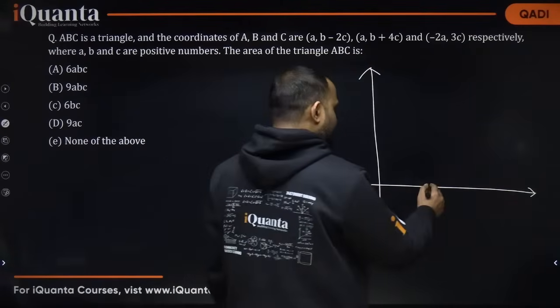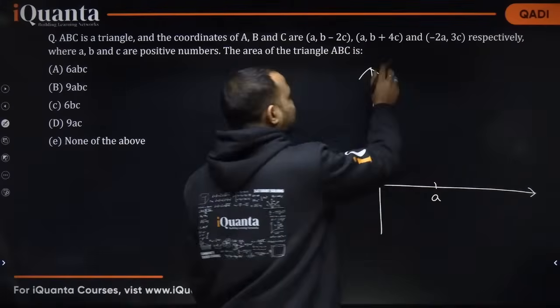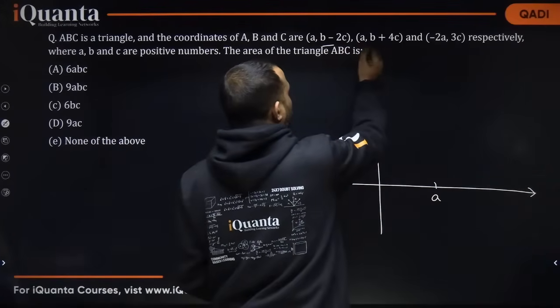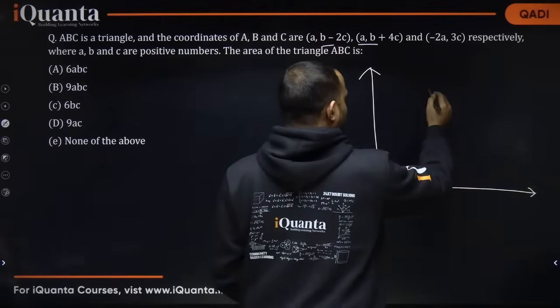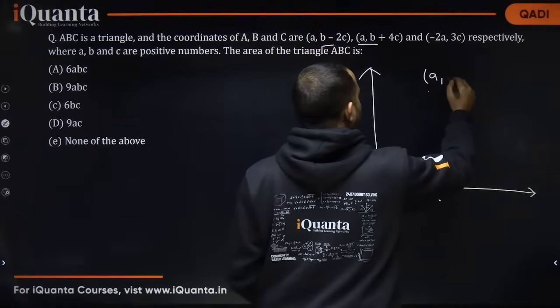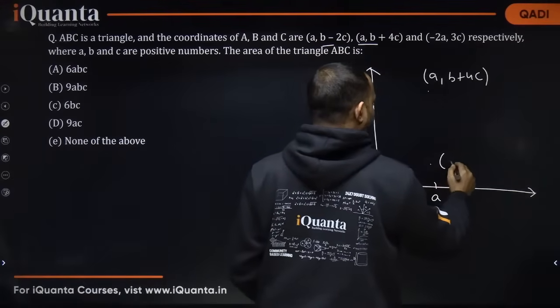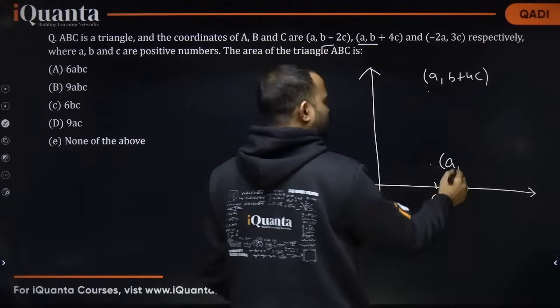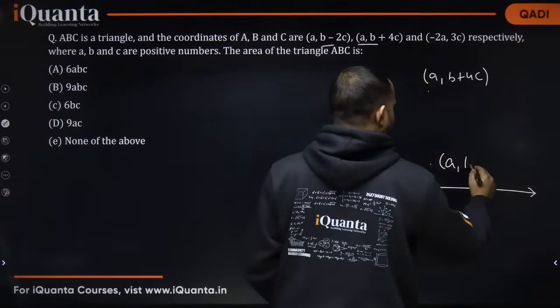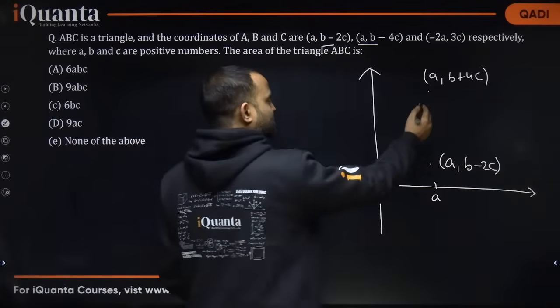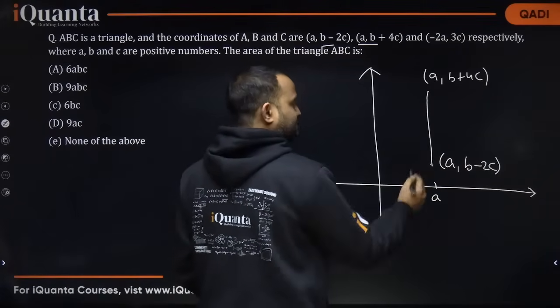So in both the points, the x coordinate is A. One point will be below the other, depending on the values of B and C. Both of these points will be on a line parallel to the y-axis.